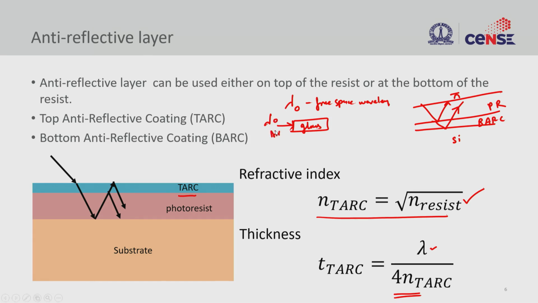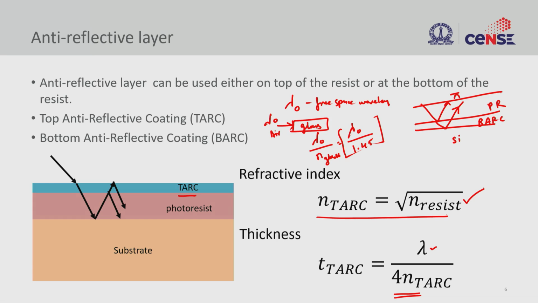And now, if it goes through glass, the wavelength is not lambda naught, the wavelength inside glass is lambda naught over n glass, right, refractive index of glass. So, in this case it could be lambda naught by, let us say, 1.45, approximately. So, this is actually the wavelength of light, right, so the path that it is going to take. So, lambda over 4n, right, where n is the refractive index of your anti-reflective coating layer.